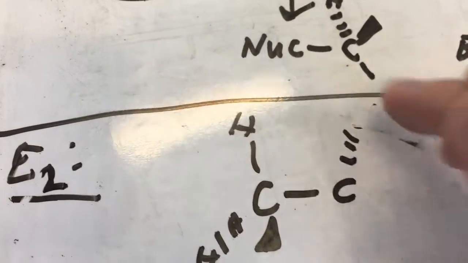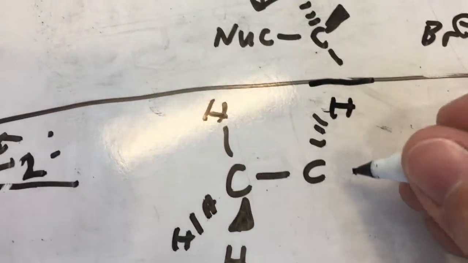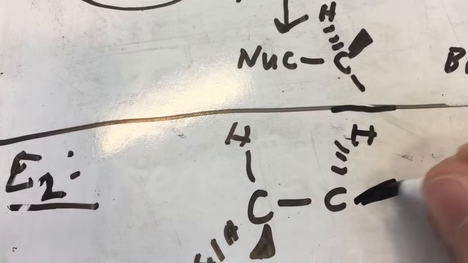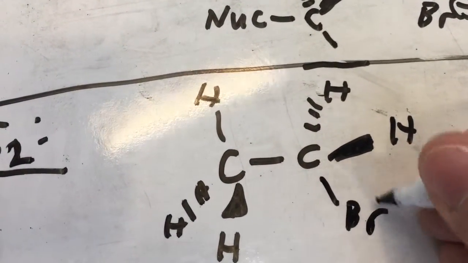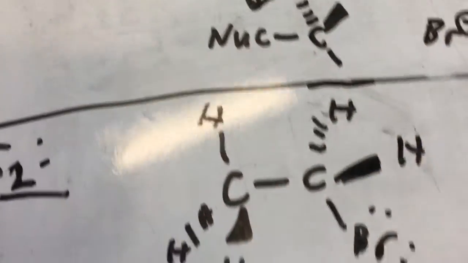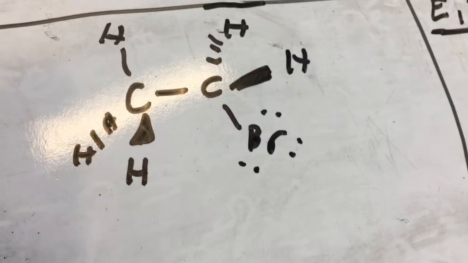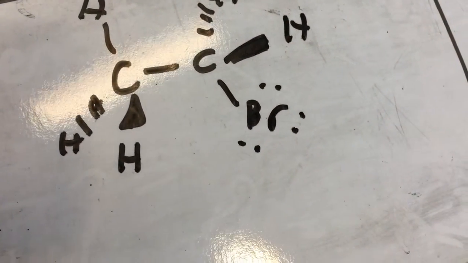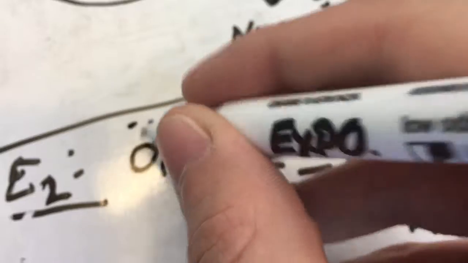It doesn't really matter. Let's keep it the same throughout. We have H and we have Br. It's a leaving group. I hope you guys are thinking halogen leaving group. So here we can have an OH.